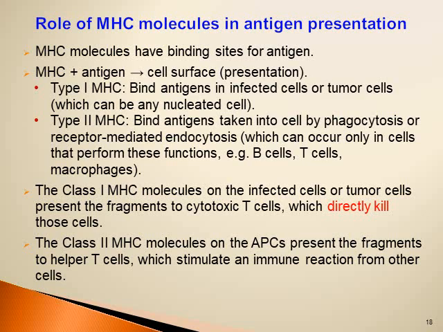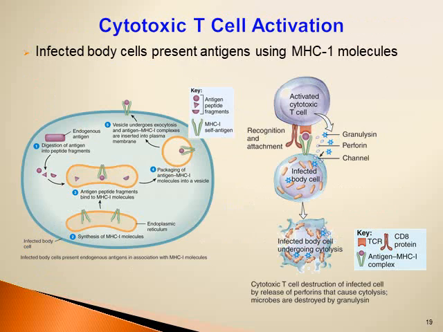So the class 1 will present the antigen to the cytotoxic T cells that will directly kill the cell that is presenting that antigen, either virus or tumor. And class 2 presents the antigen on the surface of antigen presenting cells, and this will stimulate helper T cells.